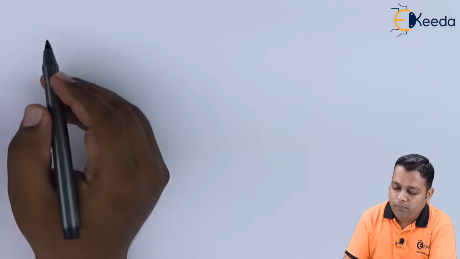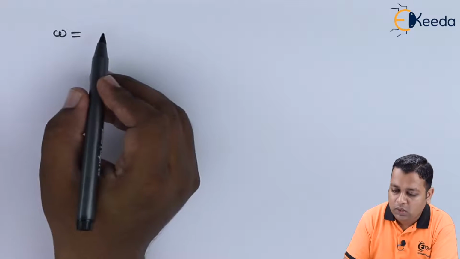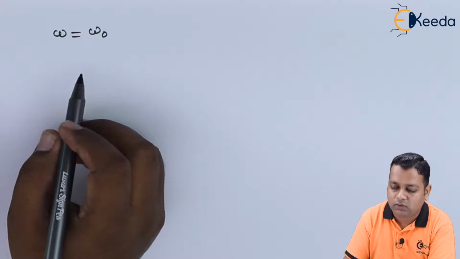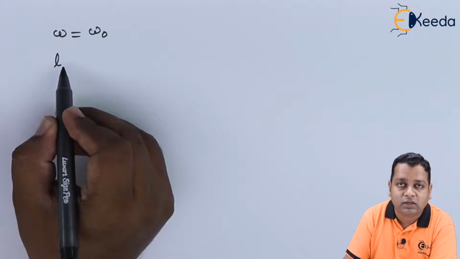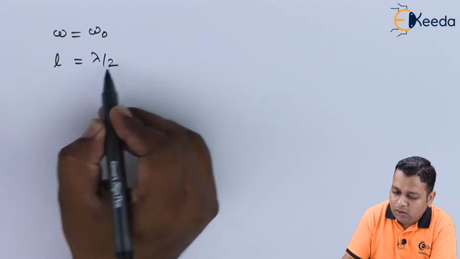Now let us see this transmission line operating at the resonance frequency. Hence I put the condition omega equal to the resonant frequency omega 0, and the length of the transmission line we select at the value lambda by 2.